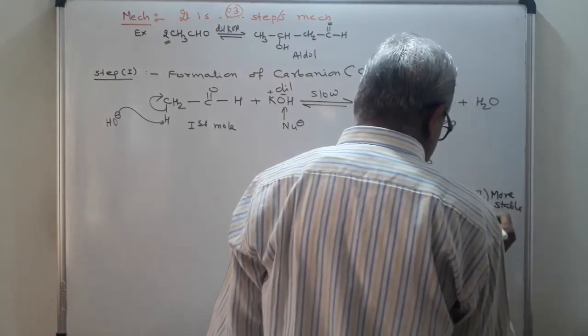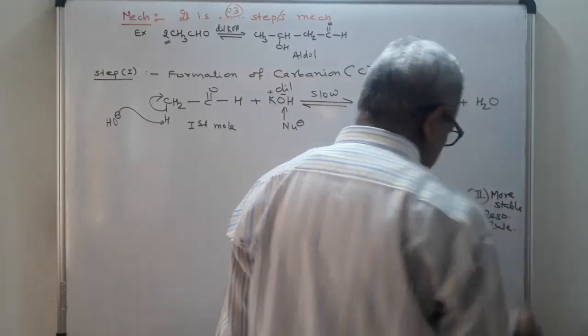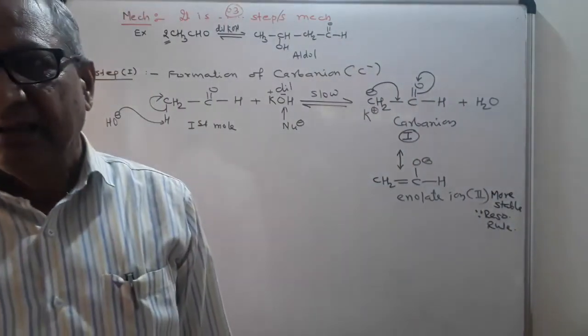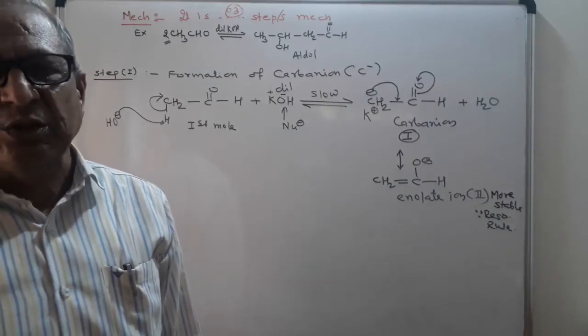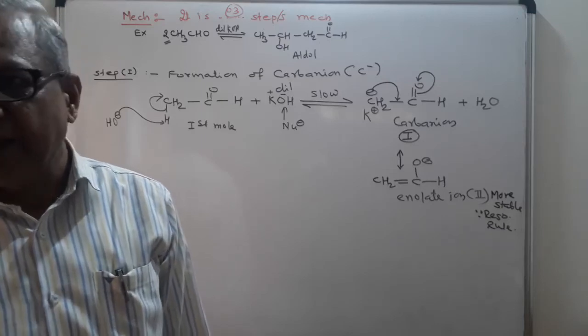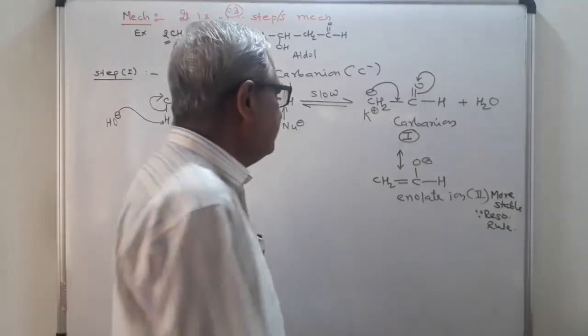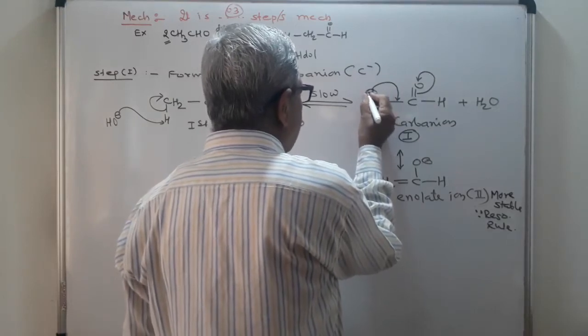This is because of the resonance rule. So I will give that resonance rule. The canonical structure or resonating structure in which negative charge is present on the more electronegative element will be more stable. See, in this case negative charge is present on the electropositive carbon atom.